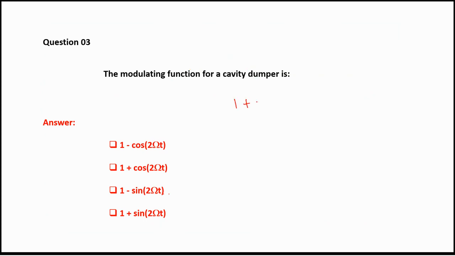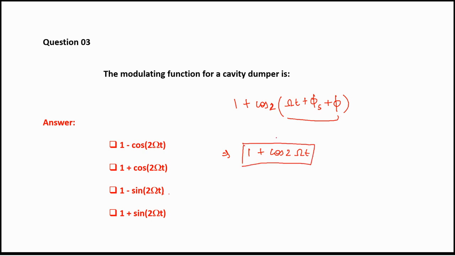Actually, not to get confused, the entire relation is 1 plus cos 2 times the bracket of omega t plus phi s plus phi. But here they have converted this, since the major factor is this, and written it as 1 plus cos 2 omega t. The other two terms they have not given.